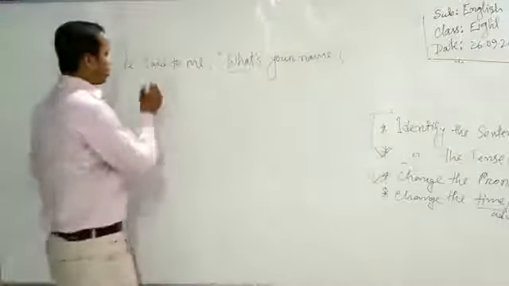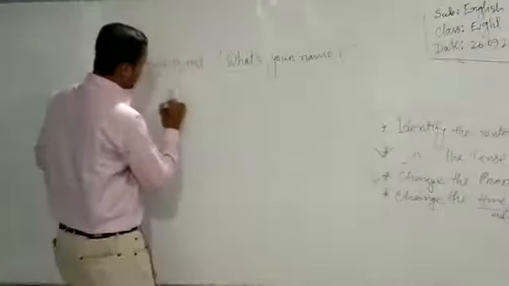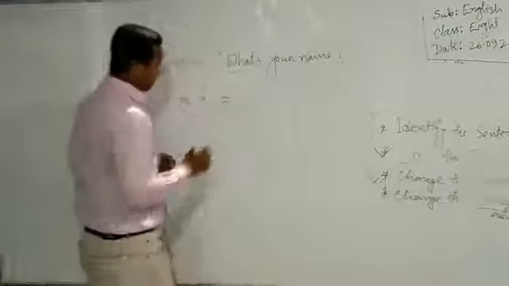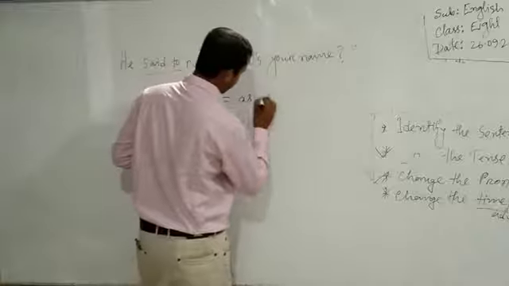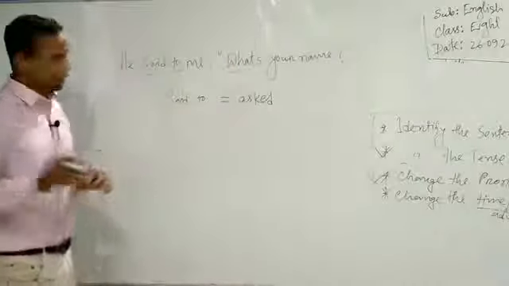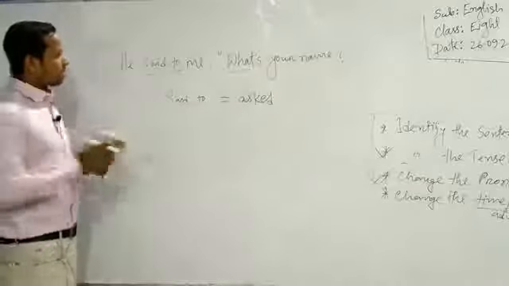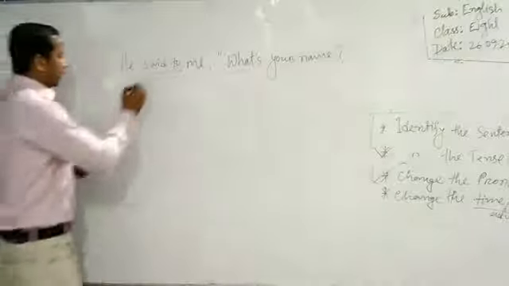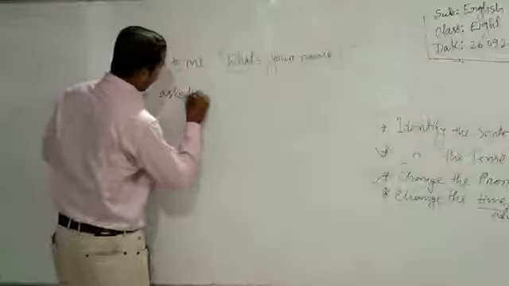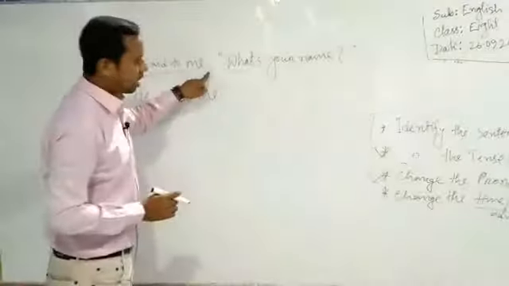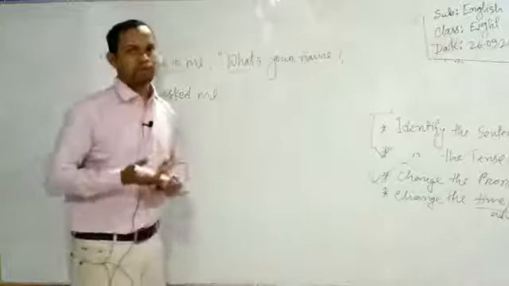The next one is that in case of an interrogative sentence, said to will be turned into asked, or asks in case of present tense. So the answer will be: he asked me. Instead of comma, I have to use if, whether or WH.